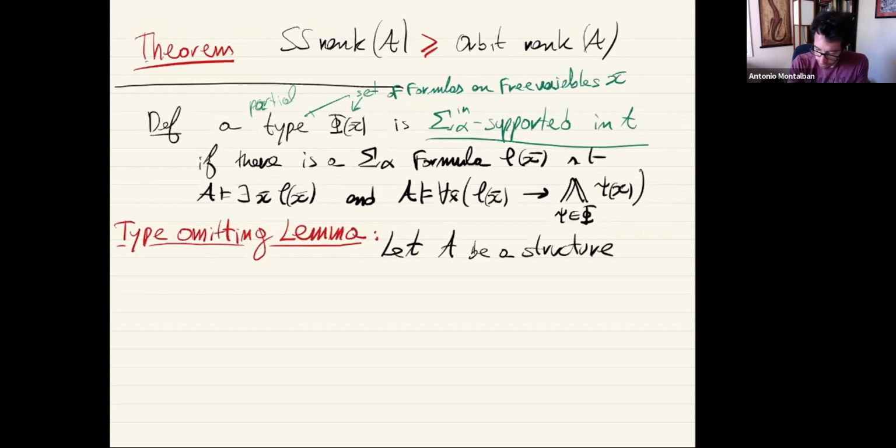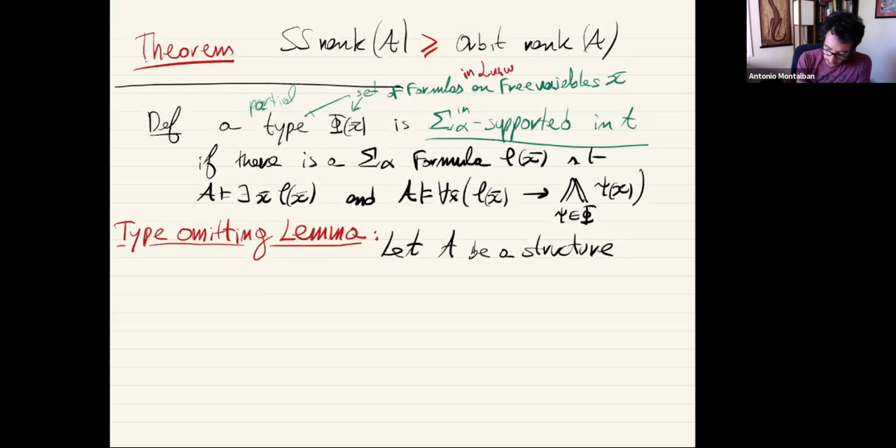Let me write that down. In L omega 1 omega. By the way, just mentioning the question: these formulas are called first order because the quantifiers are over elements. They're just infinitary first order formulas, the ones in L omega 1 omega. So we allow infinitary formulas here. Thank you, Sulin, for the question.